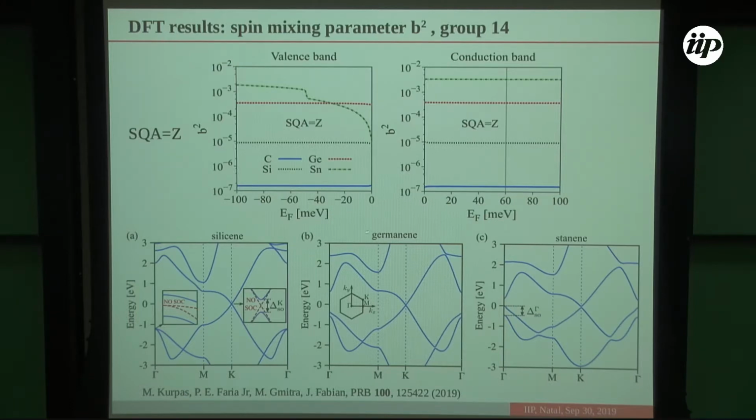Let me first show the result for graphene. We see that the value is of the order of 10 to minus 7, which is really, really small. If you wanted to translate it into spin relaxation time, taking 100 picoseconds of momentum relaxation time, you would get microseconds, which cannot really explain the experiment, right?